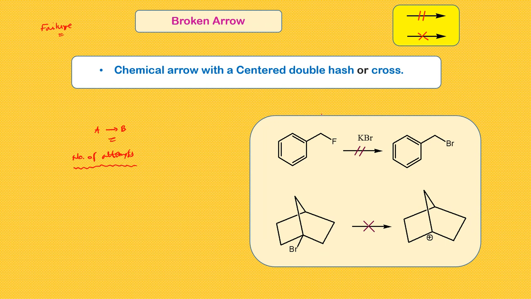This is represented with a simple representation. This forward arrow indicates that we are expecting the transformation in this way, that this is a reactant and this is the product.